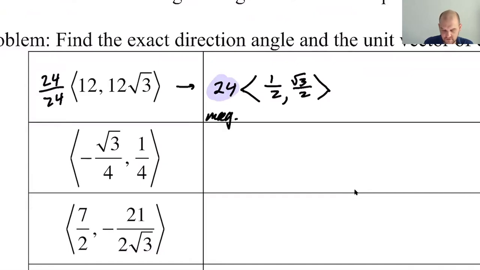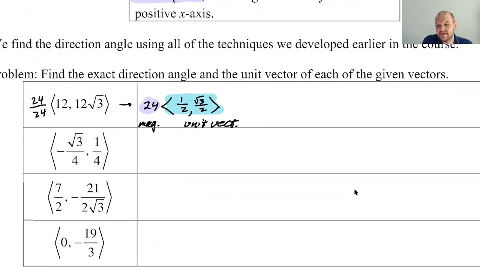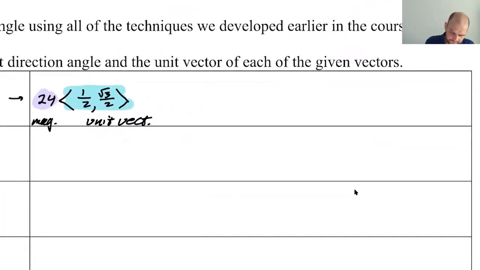That's the magnitude or the norm. And then I know that the unit vector is 1/2, radical 3 over 2. And I did that really because of the radical 3. I recognized radical 3 and I was like, oh, radical 3 is in the numerator of a unit circle point. So my unit vector is 1/2, radical 3 over 2.